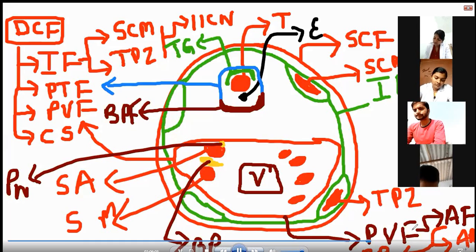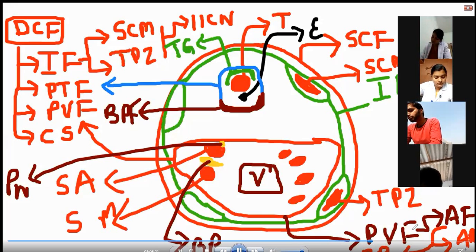And axillary sheath or axillary fascia is covering your brachial plexus and your axillary artery, but the axillary vein is not present in your axillary sheath. It is clear to all of you.